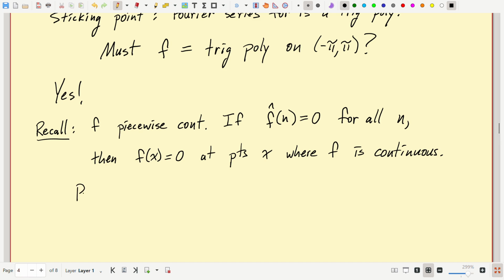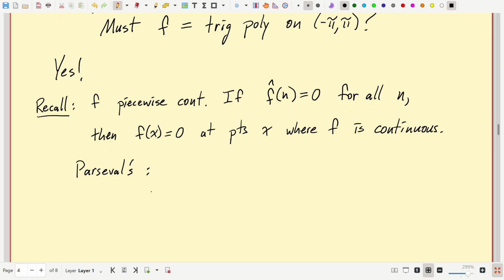And remember how we showed that. We used Parseval's. So we had Parseval's identity when f was merely piecewise continuous. And Parseval's told us that, what does it say? The sum of f hat of n squared from minus infinity to infinity is equal to, what goes here?